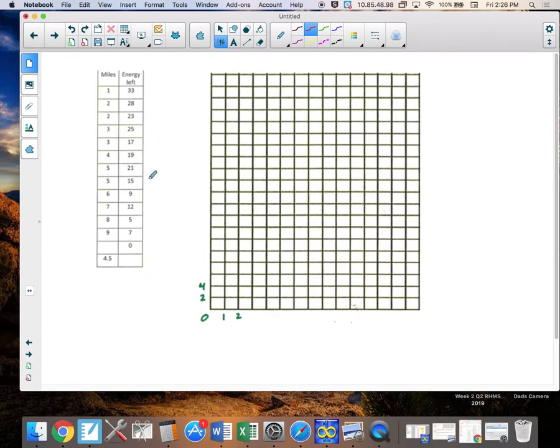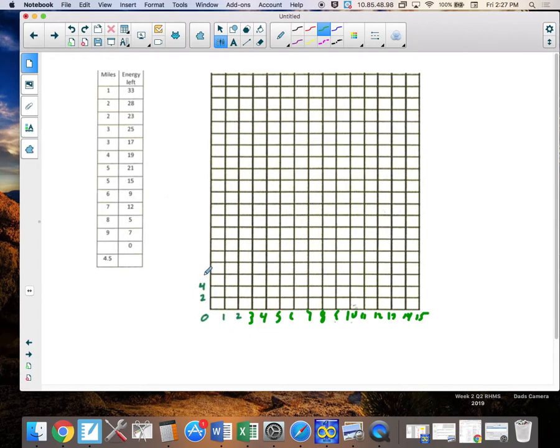The second problem was all about miles and energy. You were asked to scale it like this. So we have 3, 4, 5, 6, 7, 8, 9, 10, 11, 12, 13, 14, 15.